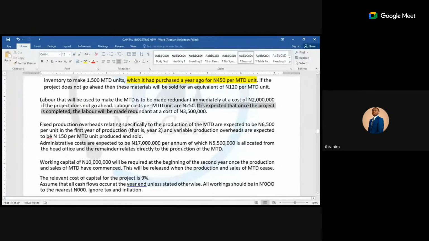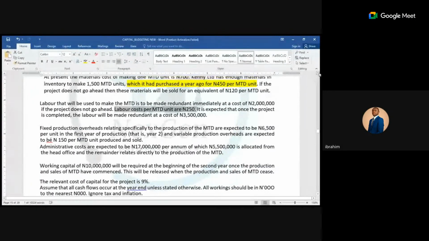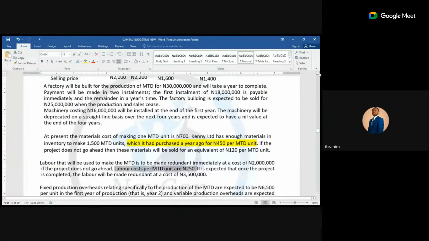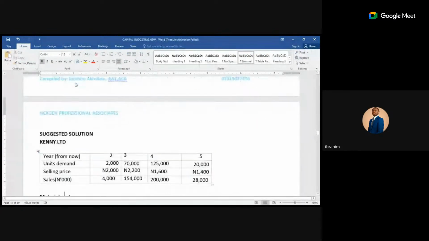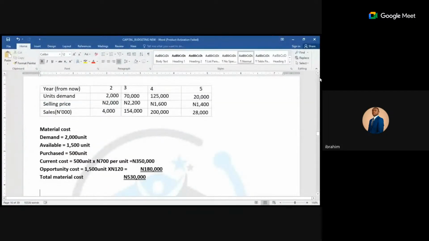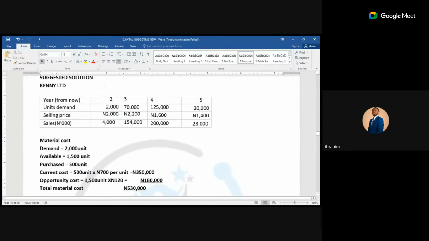The labor cost per MTD is 250 per unit, right? Let me quickly do a table where I will use that 250 to multiply my unit demand, so that we can move on, please.